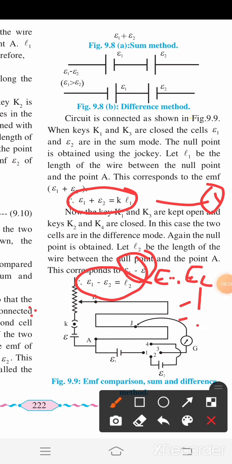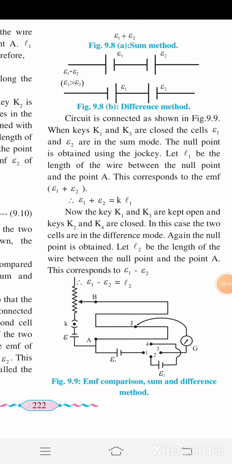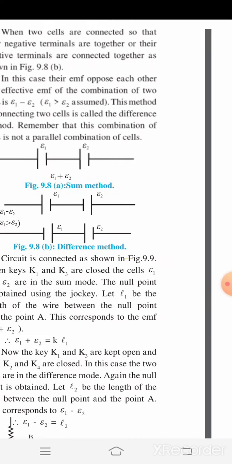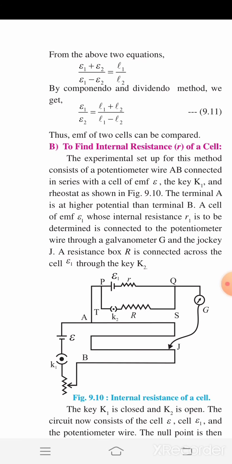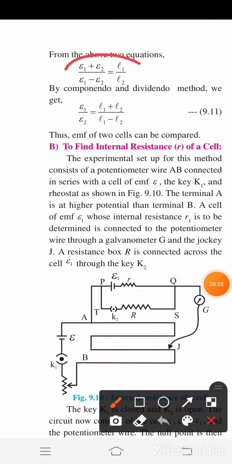That is the second equation. So dividing equation first by second, we get E1 plus E2 divided by E1 minus E2 is equal to K L1 divided by K L2. By cancelling K from numerator and denominator, we get E1 plus E2 divided by E1 minus E2 is equal to L1 upon L2.